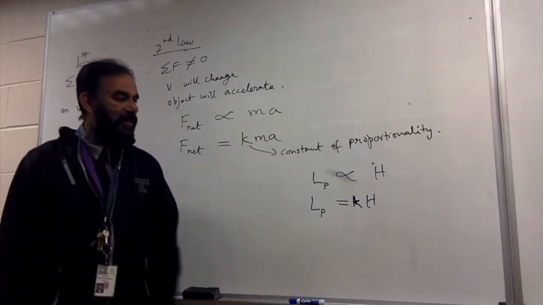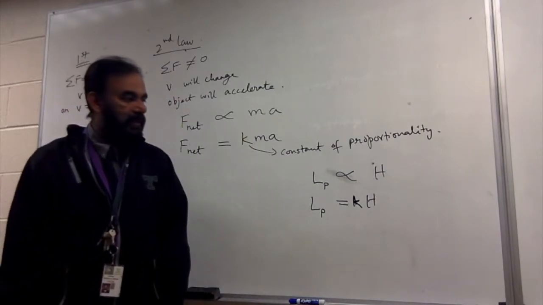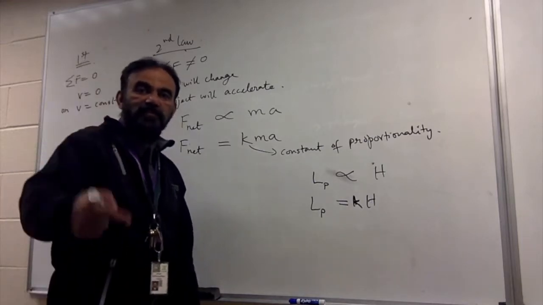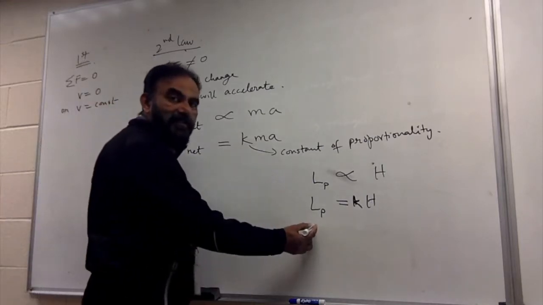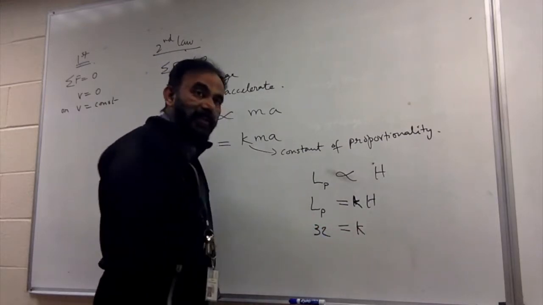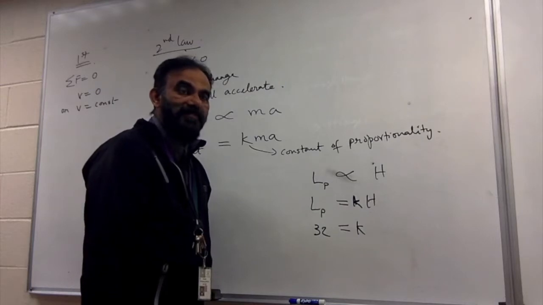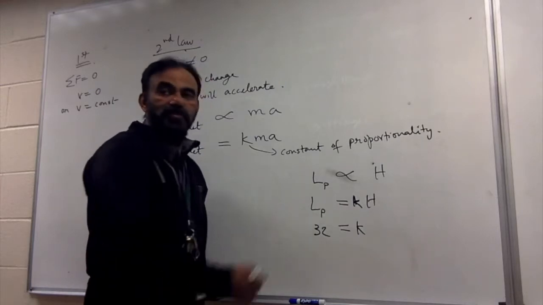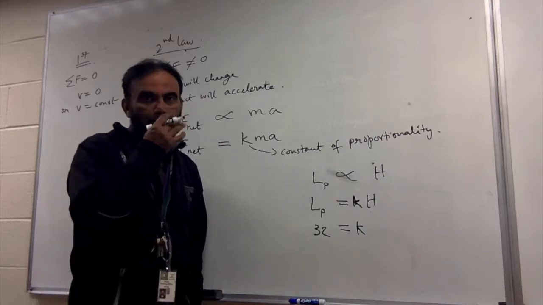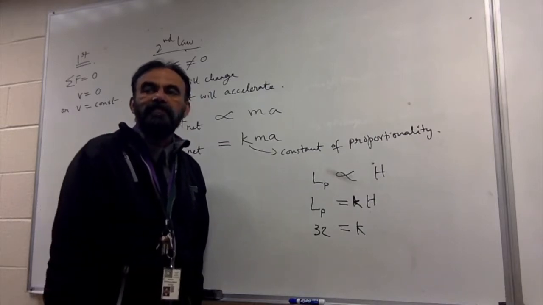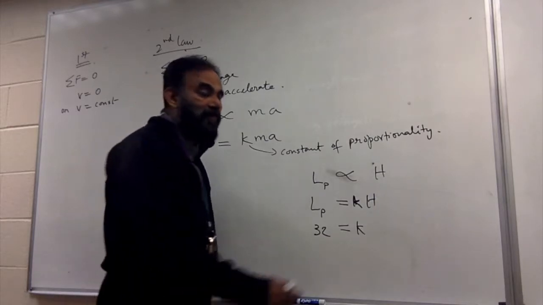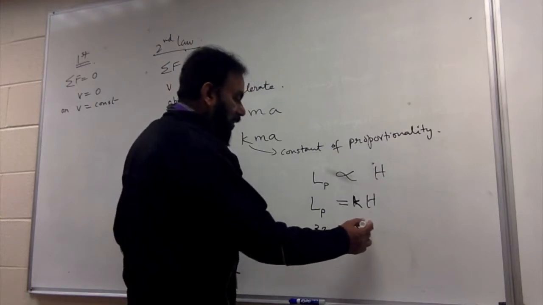And what is probably that constant? You can actually find out yourself. What is the length of your pant? 32. 32 equals K times your height in inches, because you're using inches both ways. 5 feet is 60, so if you're 5 foot 10, 70 inches.